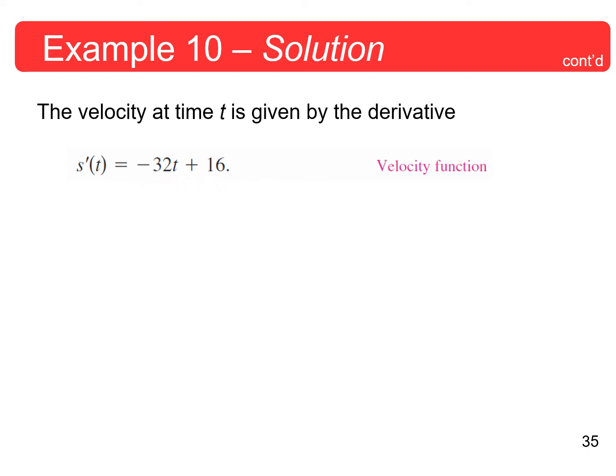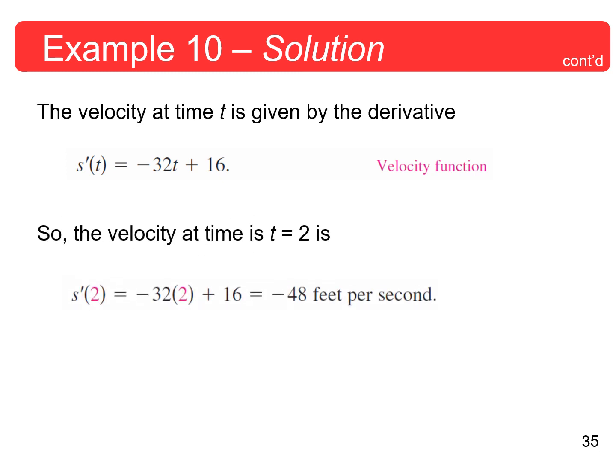This is now our velocity function. And then we know from our result that the diver hits the ground at t equals 2 seconds. So the velocity at impact is just s prime at 2. So evaluating this velocity function at t equals 2, you get negative 48 feet per second.